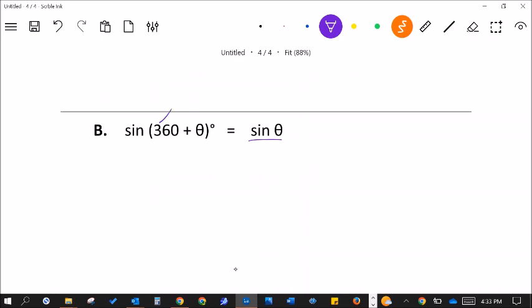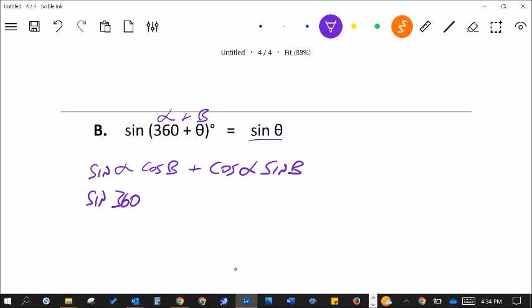So let's use that this is alpha and beta. And the sine of alpha plus beta would be equal to sine alpha cosine beta plus cosine alpha sine beta. So by numbers, that means the sine of 360 degrees times the cosine of theta, plus the cosine of 360 degrees and then the sine of theta.